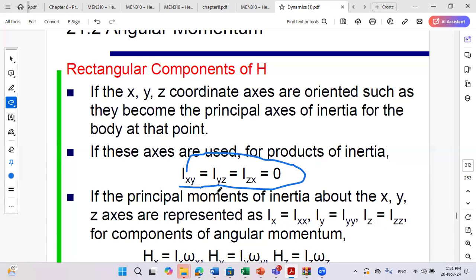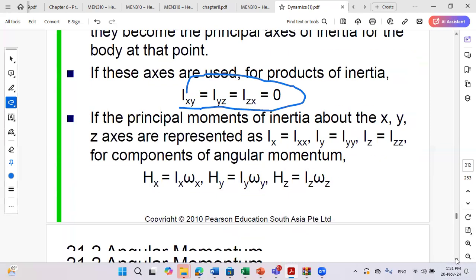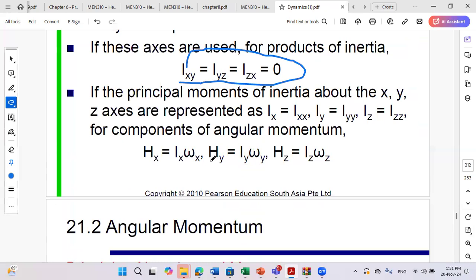And in this case, if the principal moments about X, Y, Z are represented as Ix, Iy, Iz, we can say that Hx is Ix omega x, Hy is Iy omega y, and Hz is Iz omega z.